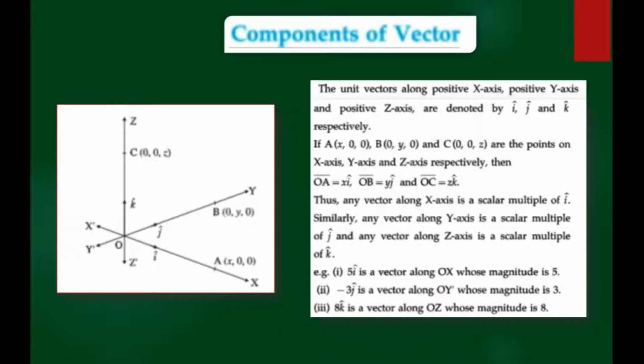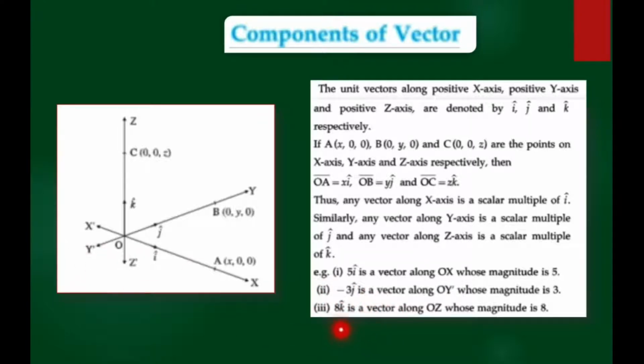That means this point lies on the negative y-axis OY dash, but its magnitude must be positive. After taking its magnitude we get 3. That means the point is at a distance of 3 units but on the negative y-axis.